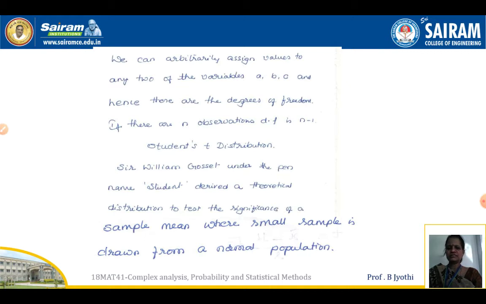Coming to Student's t distribution, Sir William Gosset, under the pen name Student, derived a theoretical distribution to test the significance of a sample mean, where a small sample is drawn from a normal population.